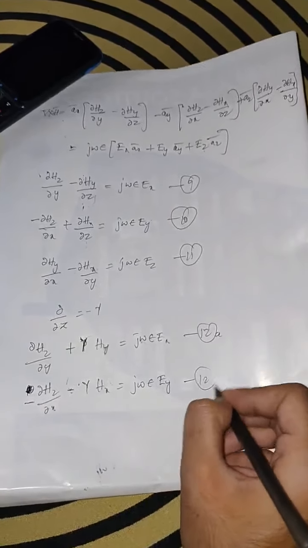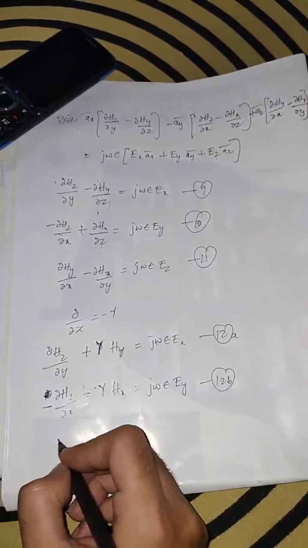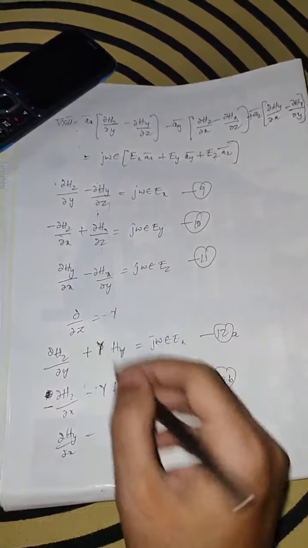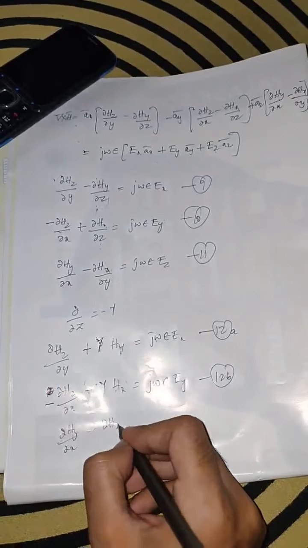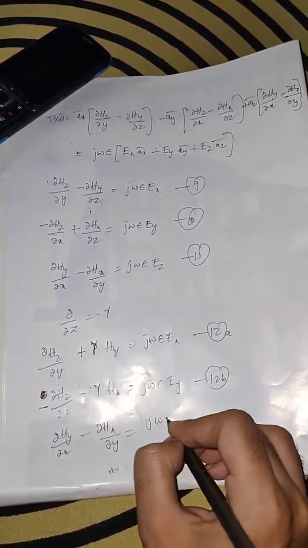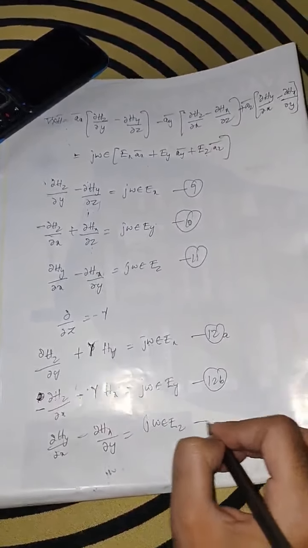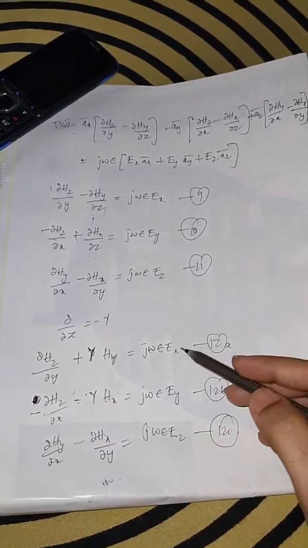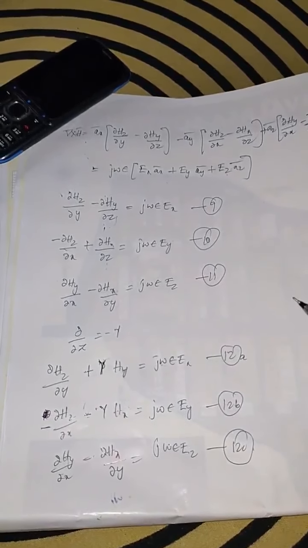So this is 12b, and in ∂Hy/∂x there is no ∂/∂z term, so you can write directly jωε Ez. So this is the 12c equation. Okay, so from these three equations you can obtain the Hx, Hy values.